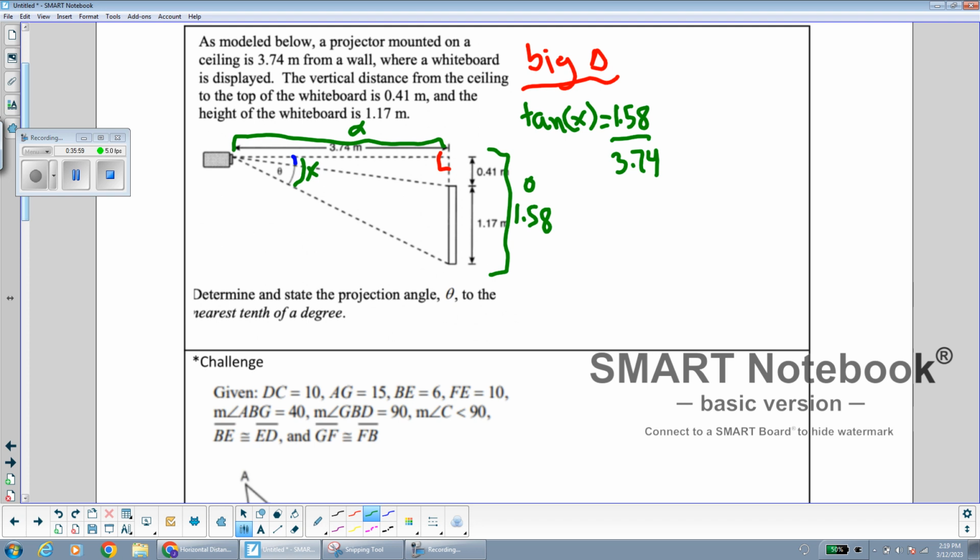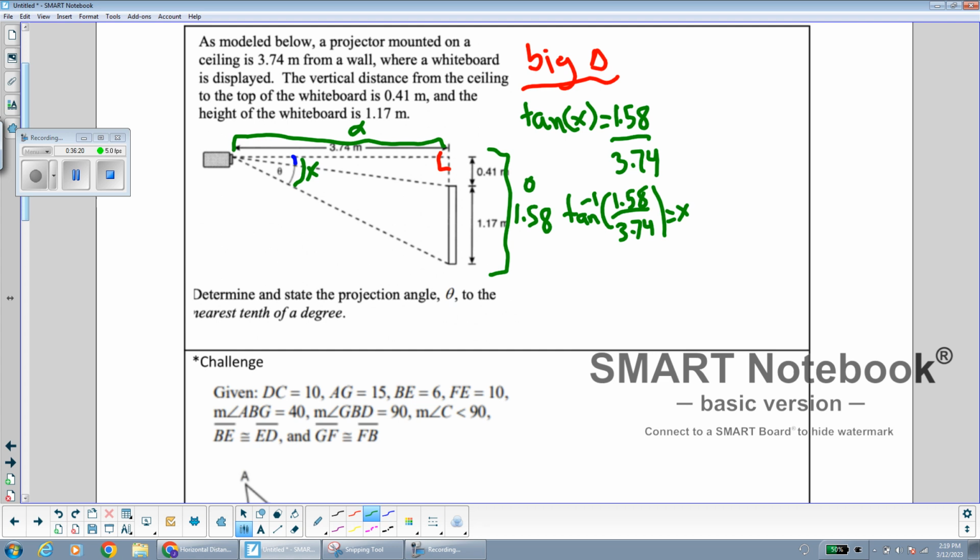Now remember, when I'm solving for an angle, I just need to use inverse trig to cancel out the trig function and get the angle out from inside. So inverse tangent of 1.58 over 3.74 will give us the whole big angle from the big right triangle.